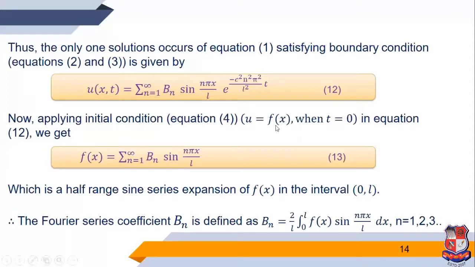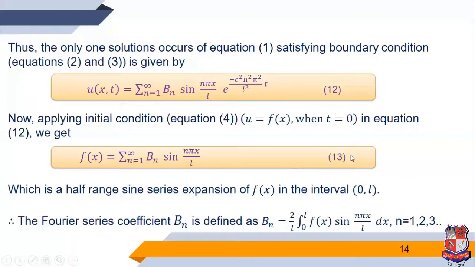The initial condition is given: when time t is equal to 0, the temperature u is equal to f(x). So we apply u equal to f(x) when t equals 0 in equation 12, and we get u(x,0) is f(x) equal to summation n is 1 to infinity Bn sine(n pi x by L), as e raised to 0 is 1. So we get equation 13.